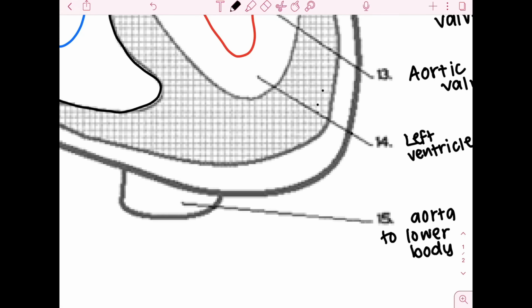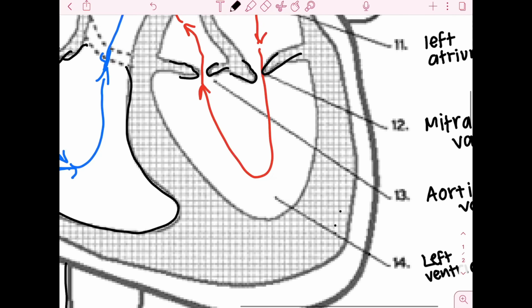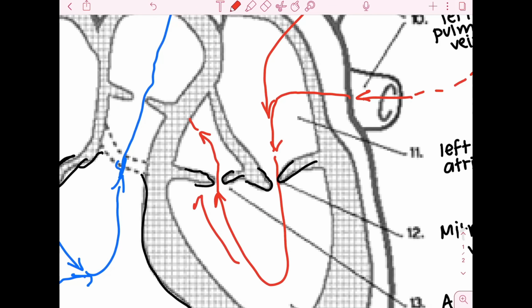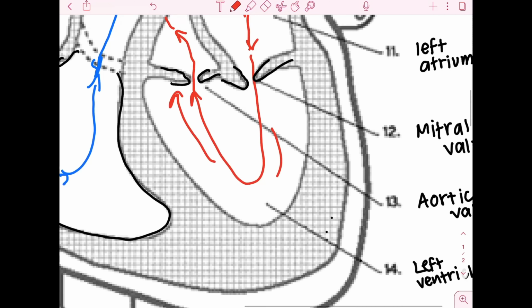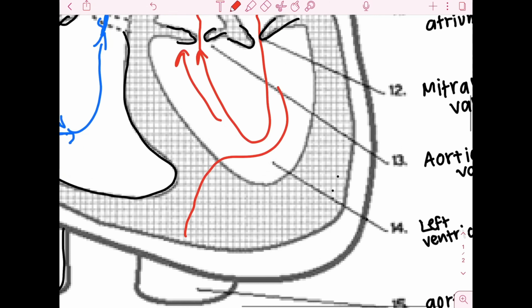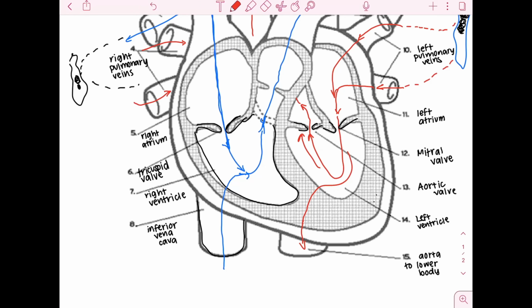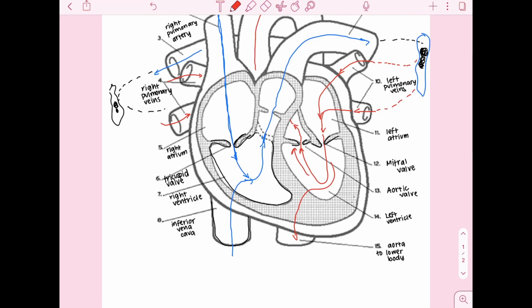This aorta receives blood directly from the left ventricle. So our blood is not only going to flow upwards in this direction, but it's also going to come down here and into this artery so that it can be delivered to the lower part of our body too. So this aorta receives blood directly from the left ventricle. And that finishes up all of our numbers.